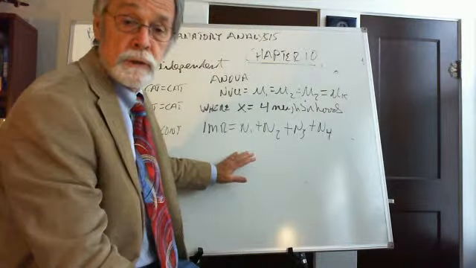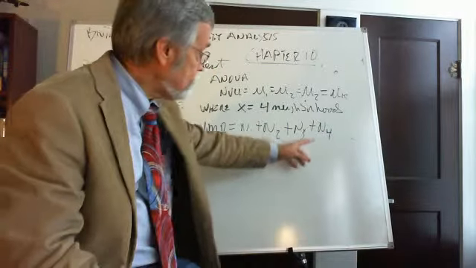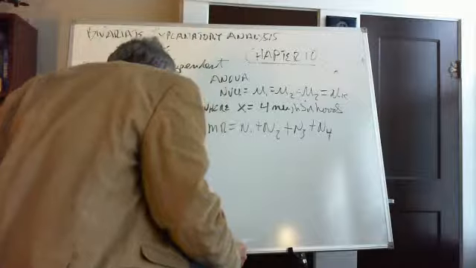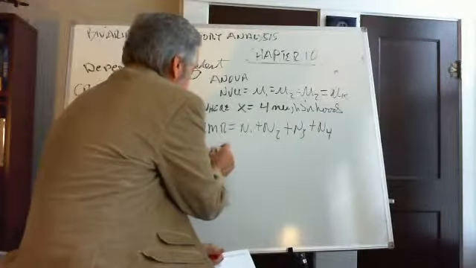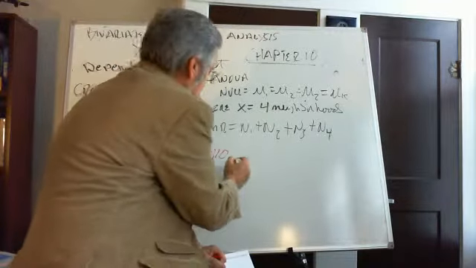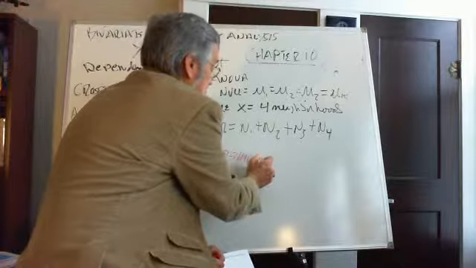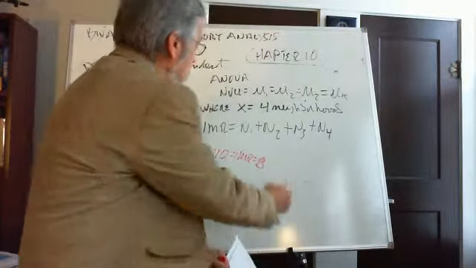But once we do the analysis of variance, let's say that Healthy People 2010 is looking for an IMR of 8 per 1,000, and that's the goal that we're after.